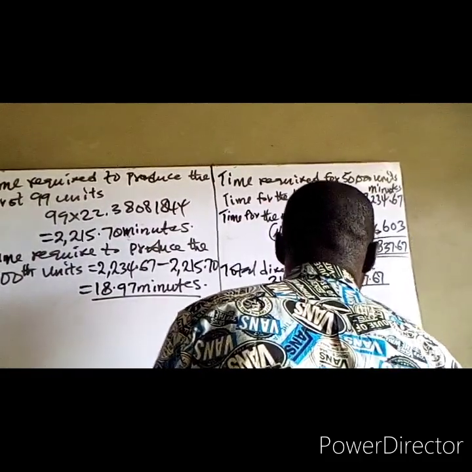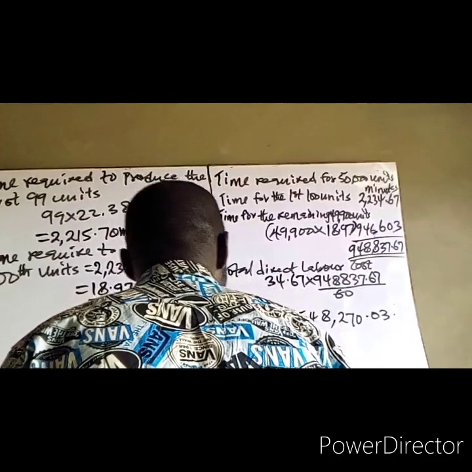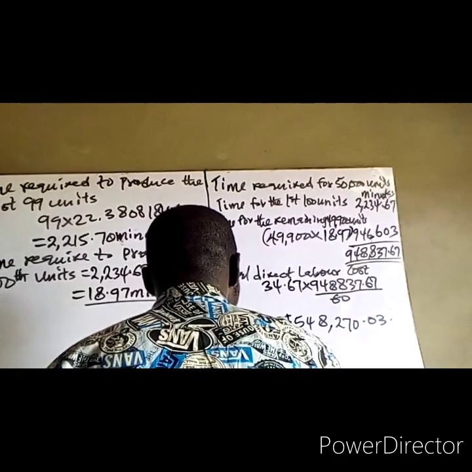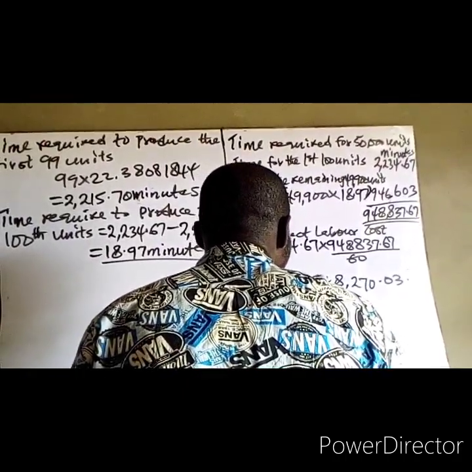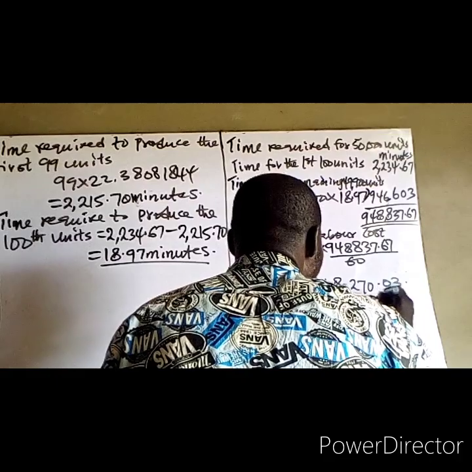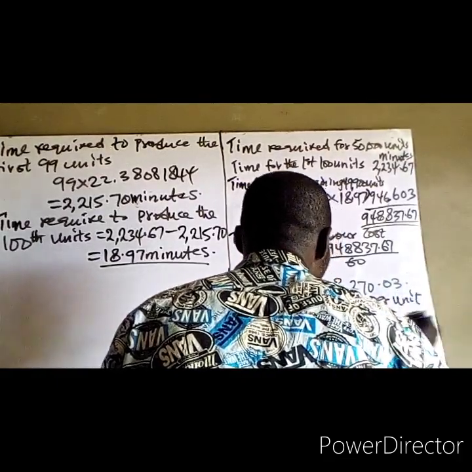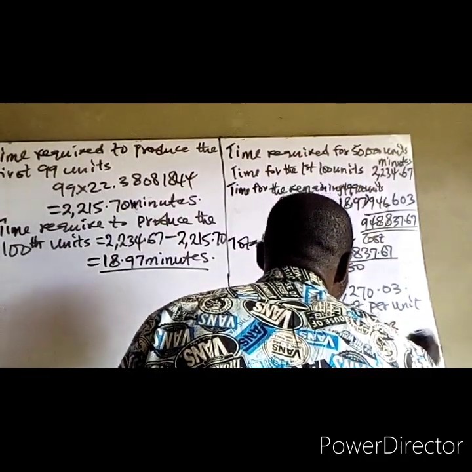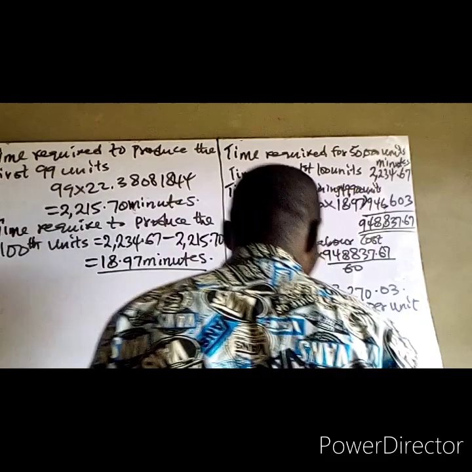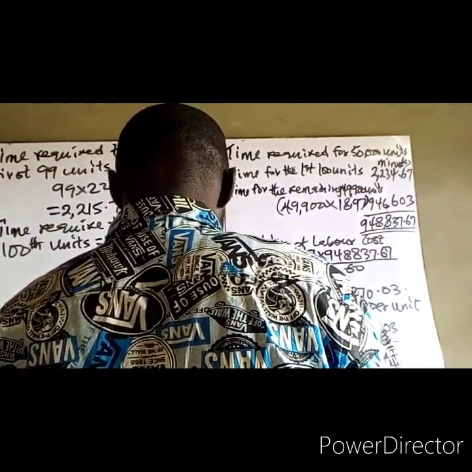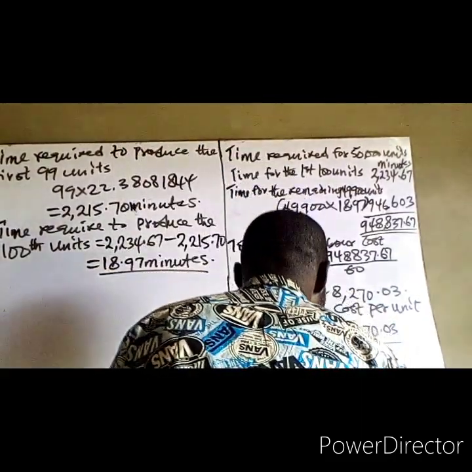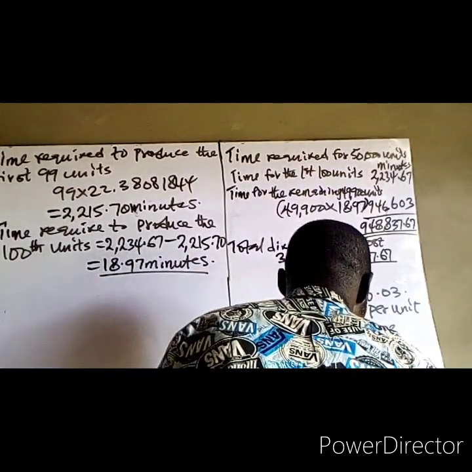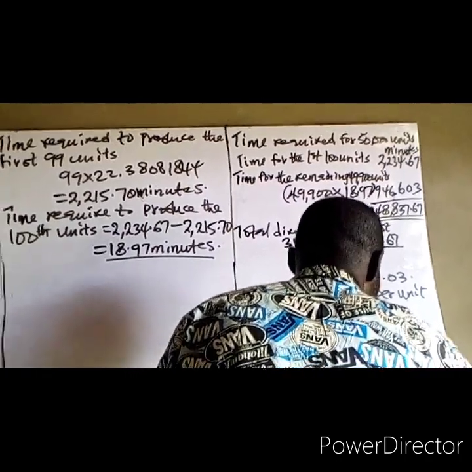Then to calculate the direct labor cost per unit, that will be 548,270.03 divided by 50,000, which is the total output, and that will give us approximately 10.97 per unit.